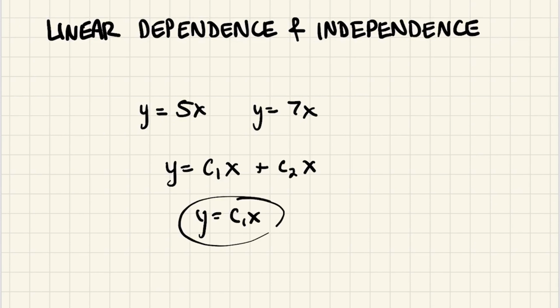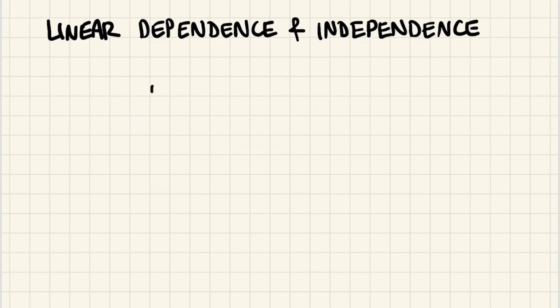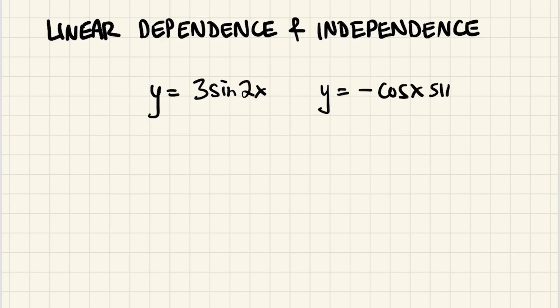So let me make a more subtle argument here. Suppose we are told that 3 sine of 2x is a solution to a differential equation. And we're also told that negative cosine of x times sine of x is a solution.